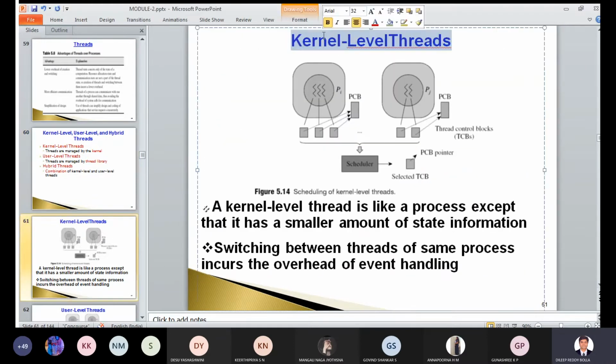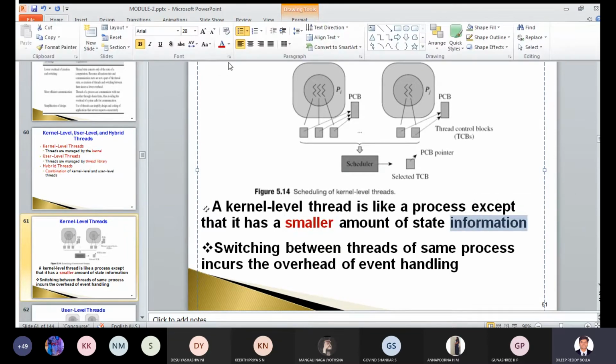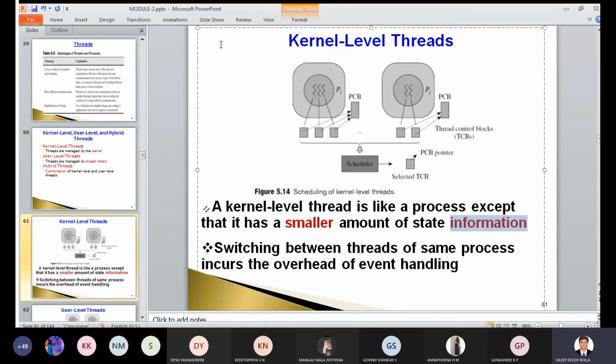First one, kernel level threads. A kernel level thread is like a process, except that it has a small amount of shared information. It is the same as your process, except for one thing: it does not have too much information. Since it has a smaller amount of information, it can reduce the overhead.